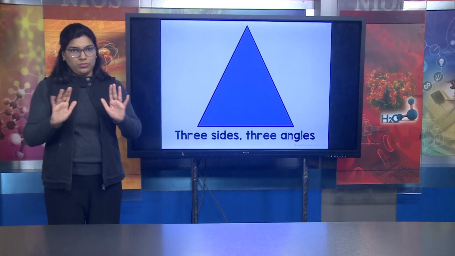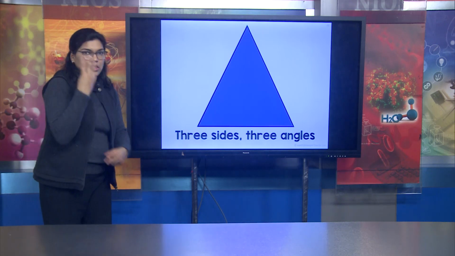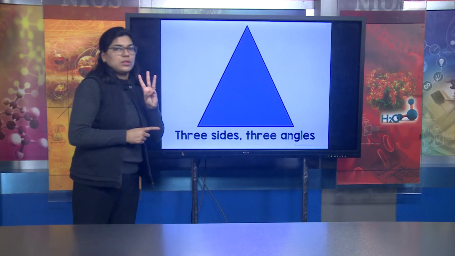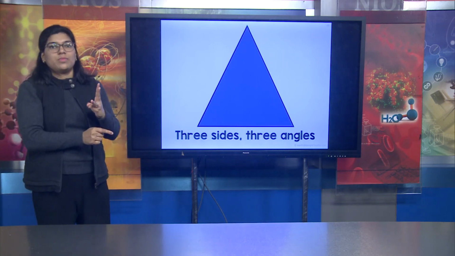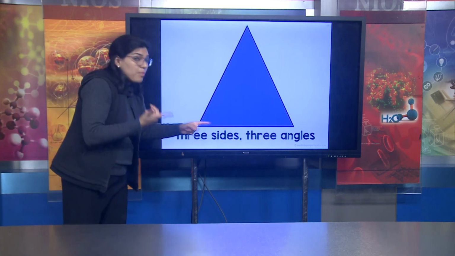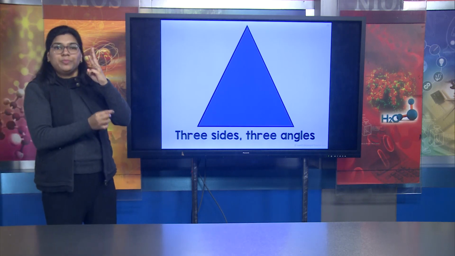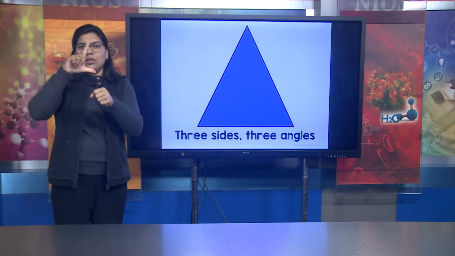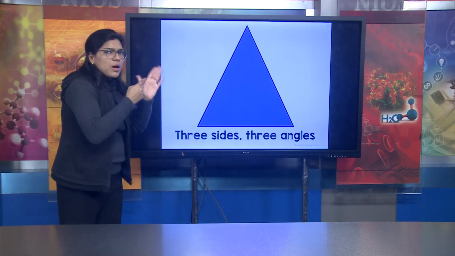Now this is the image of a triangle, we all can see. Now see how many lines are there in this image. We can easily see three sides. Sides we all know, side means line. And three angles. What are angles? We all know that it has three angles.